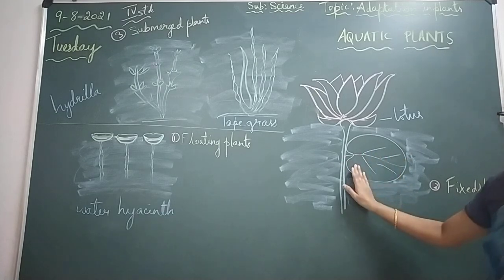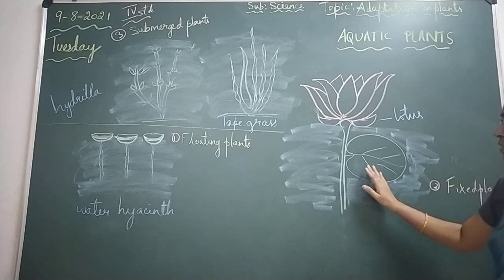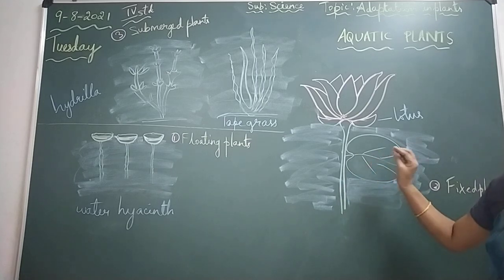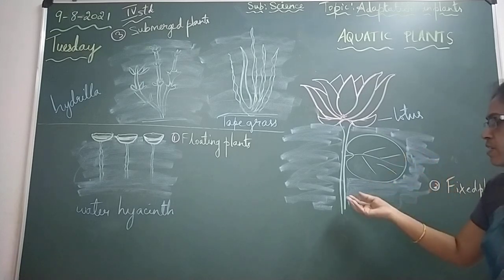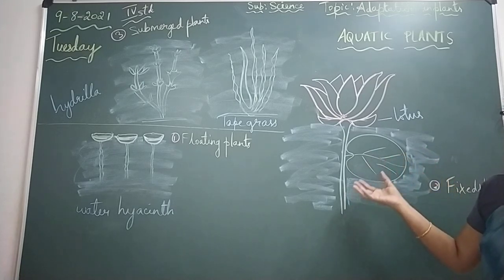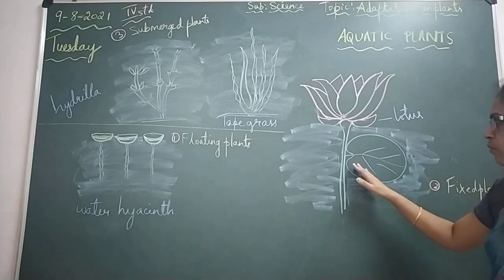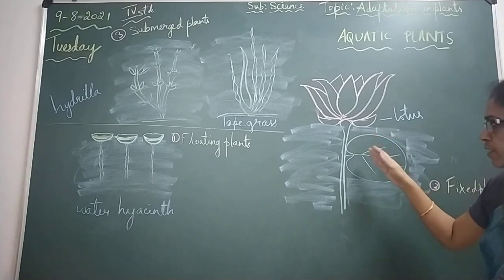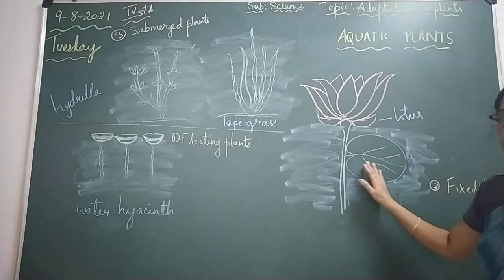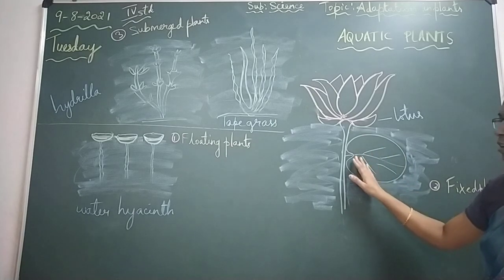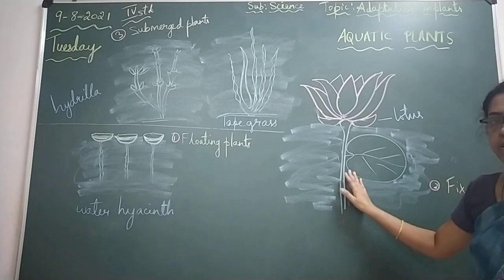You can see here, these leaves are coated with a thin waxy coating, because it prevents rotting, and it also prevents the leaf from getting wet, which may block the stomata. That's why there is a thin waxy coating on the upper surface of the leaf, and the stomata are present on the upper surface of the leaf.